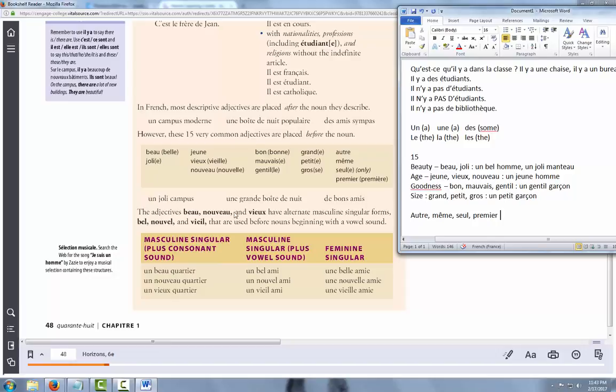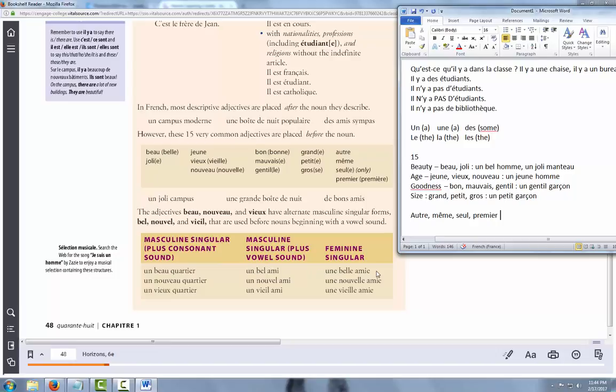Okay? The little note here with beau, nouveau, and vieux is what I just ran into with un bel homme. You have to make it bel because homme starts with a vowel since the H is not pronounced. So, un beau quartier, masculine, with a word that starts with a Q, which is a consonant. Un bel ami. If your masculine word starts with a vowel, you change it into bel.